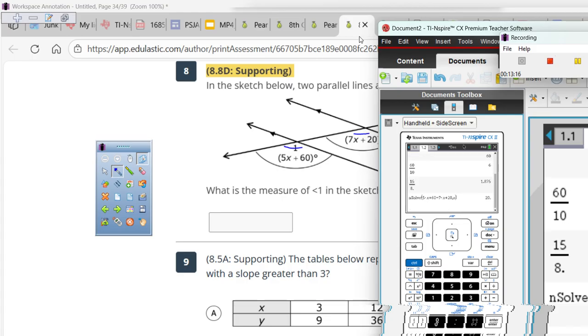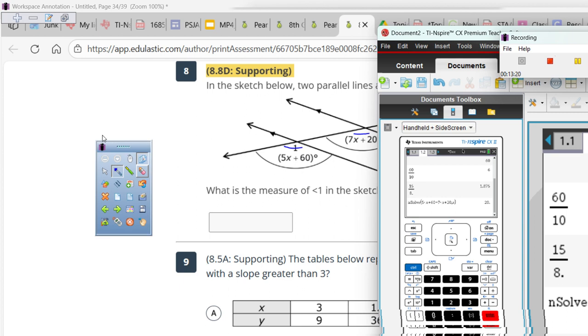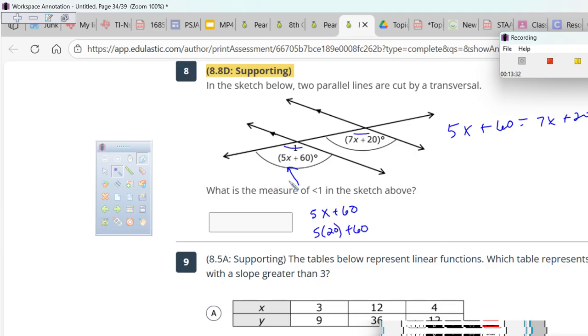So now we know that x is 20, and we're going to plug it in here. The measure of angle 1 is 5x plus 60. We know that x is 20, so it's 5 times 20 plus 60, which is 100 plus 60, also known as 160.